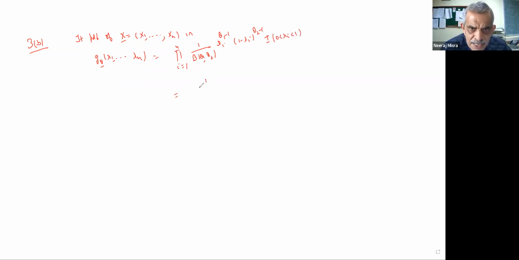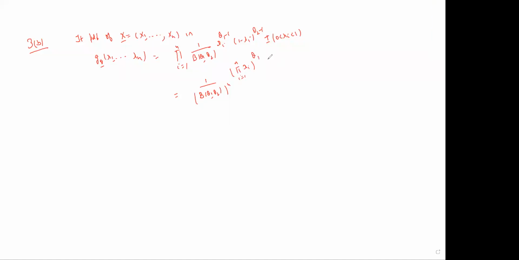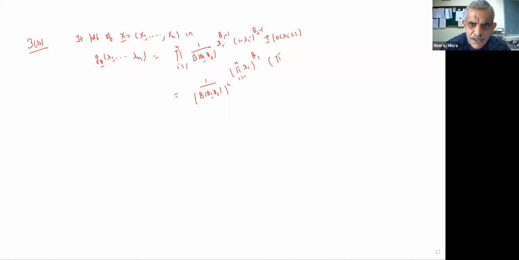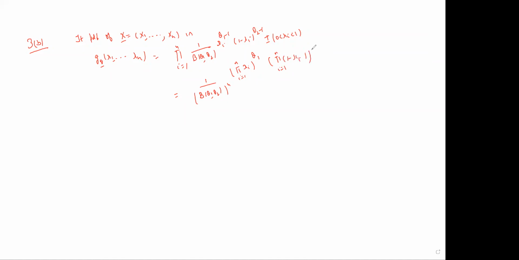So you can write this as 1 upon Beta(theta 1, theta 2) to the power n, product i equals 1 to n of xi to the power theta 1. Only the theta 1 terms you can keep together first. Then the product i equals 1 to n of (1 minus xi) to the power theta 2.